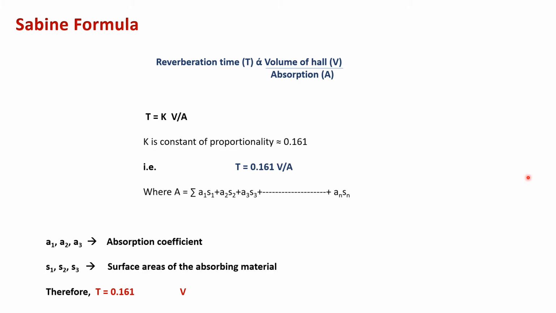So by considering this, the equation will become T is equal to 0.161 V upon A1 S1 plus A2 S2 plus A3 S3 like this up to AN SN.